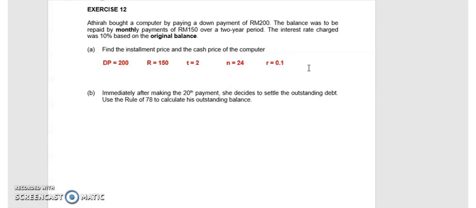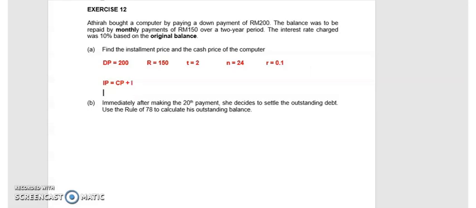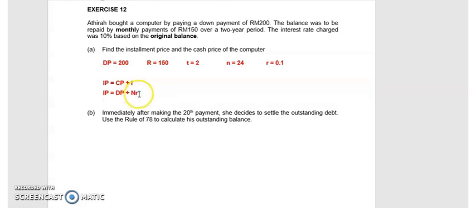Okay, installment price is the price including interest. So how to find IP? So we know that IP is CP plus interest. Or another one, since in this question we don't have info about CP, then we can use another formula which is IP equal to DP plus N times R. Okay, now we find IP first.